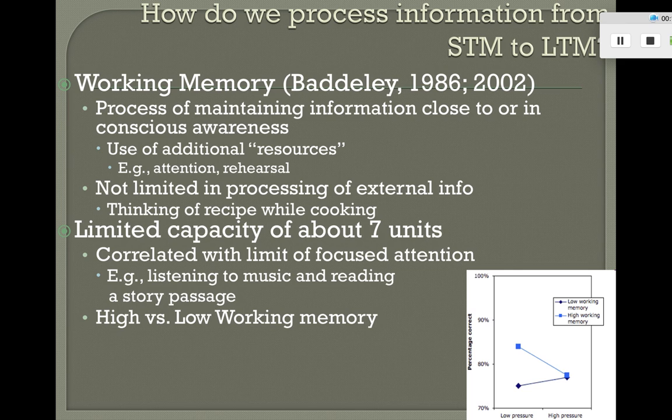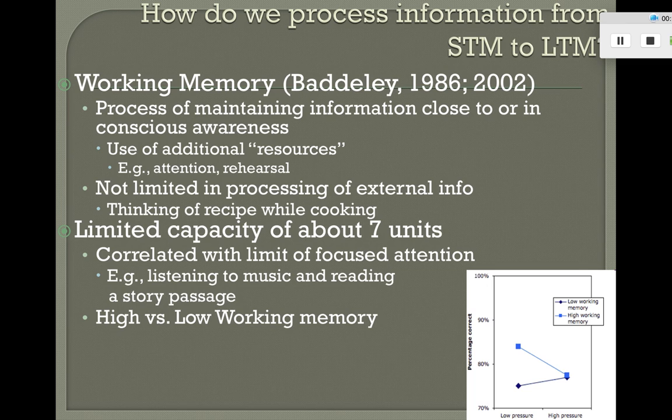Now, if we look at high pressure, these results go away. One of the interesting results that we find here is that under high pressure situations, people who have high and low working memory capacities seem to perform about the same. Why might this happen, if you want to think of an explanation? Well, under a low pressure situation, the person who has low working memory may still find it very difficult to concentrate on different pieces of the puzzle, different stimuli.